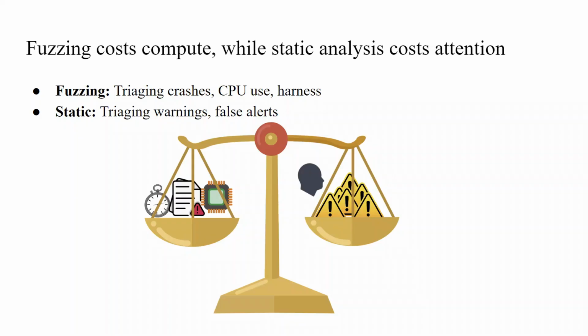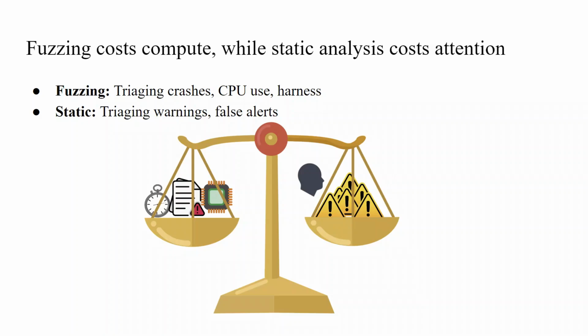Whereas static analysis on the other side, that's time. There are so many warnings that come out that you're going to want to take care of the output and say, hey, you have this certain rule. You're going to want to filter it down a lot, and that takes a lot more time than fuzzing.